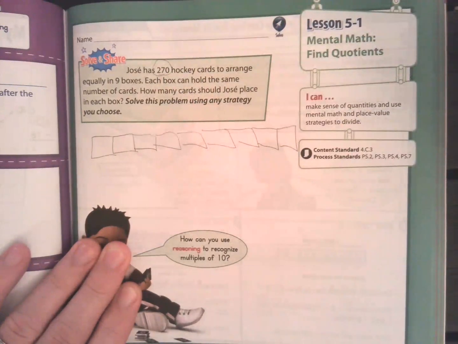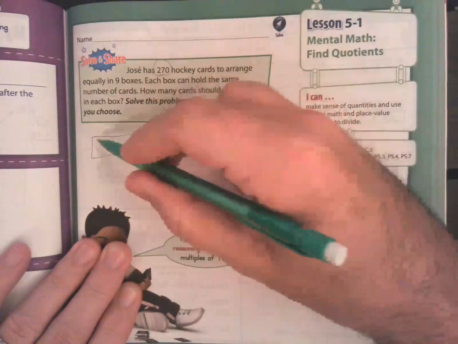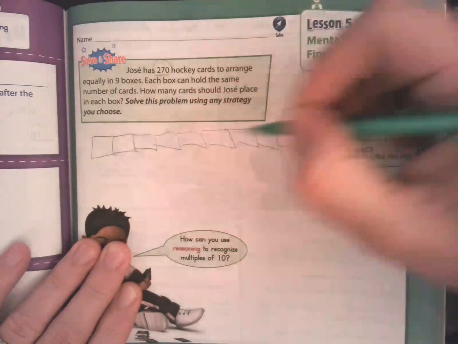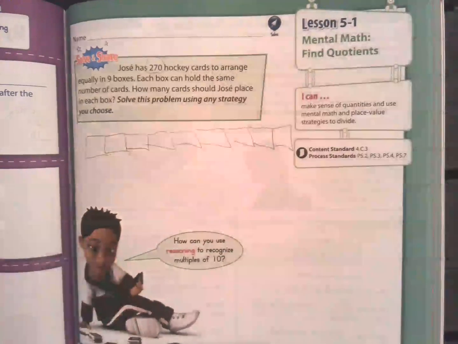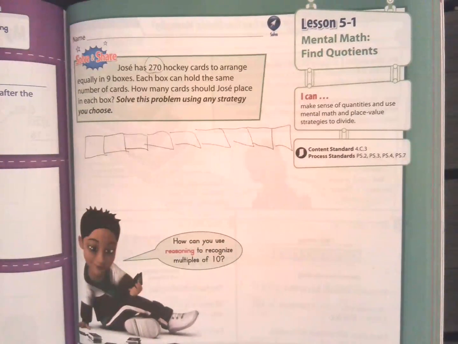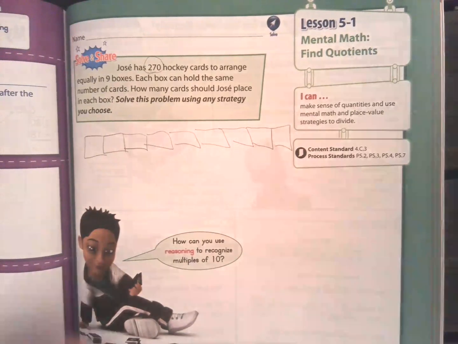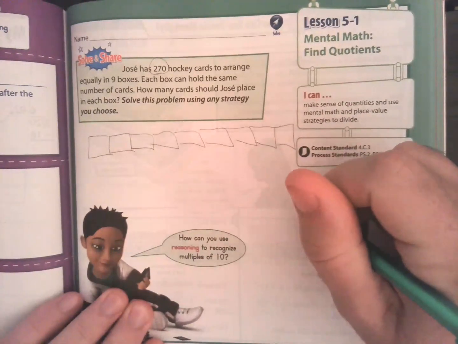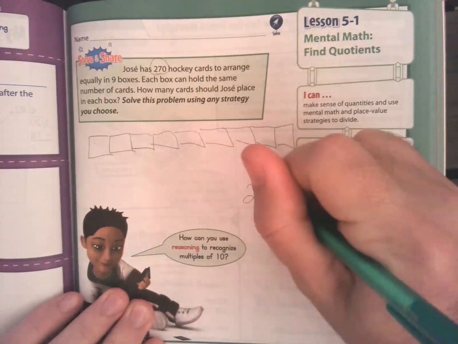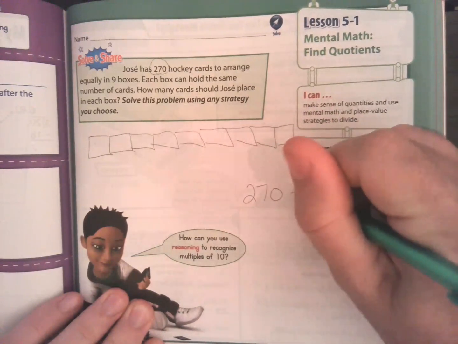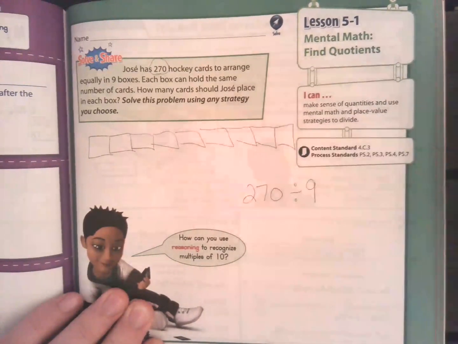Well, if I try to do that now, 270 tally marks or 270 dots in all of these squares is just not a realistic way to solve this problem. So, what we're looking to recognize today is that these are, first of all, division problems.